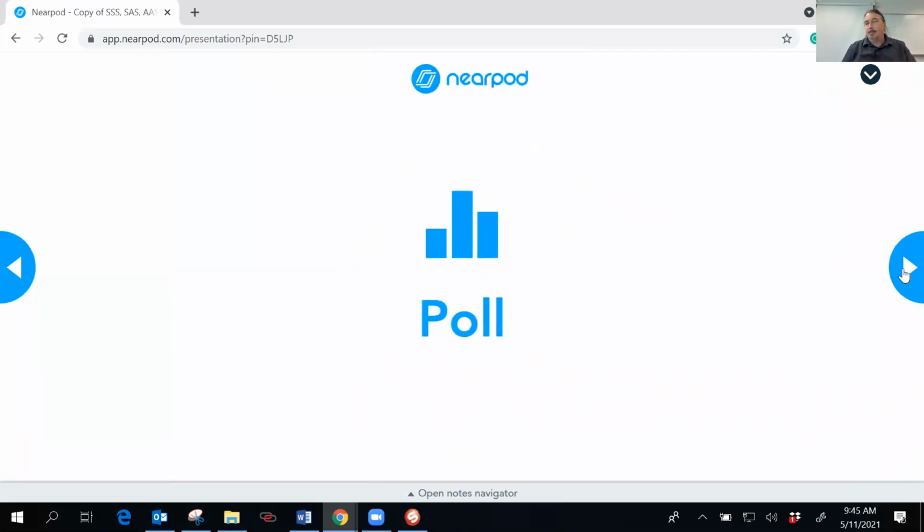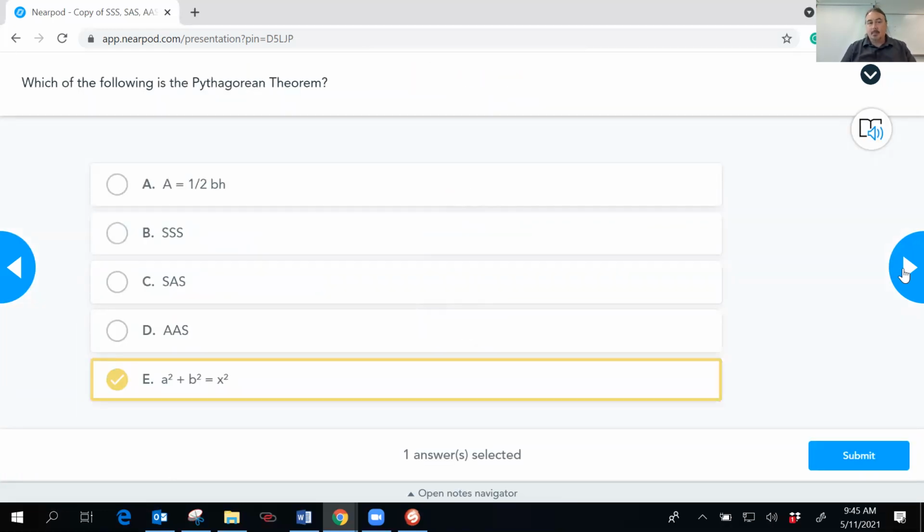And the last poll: which of the following is the Pythagorean theorem? A is actually the area of a triangle. B, C, and D are congruency theorems that I think we all know. And of course, E, lastly, is the Pythagorean theorem.